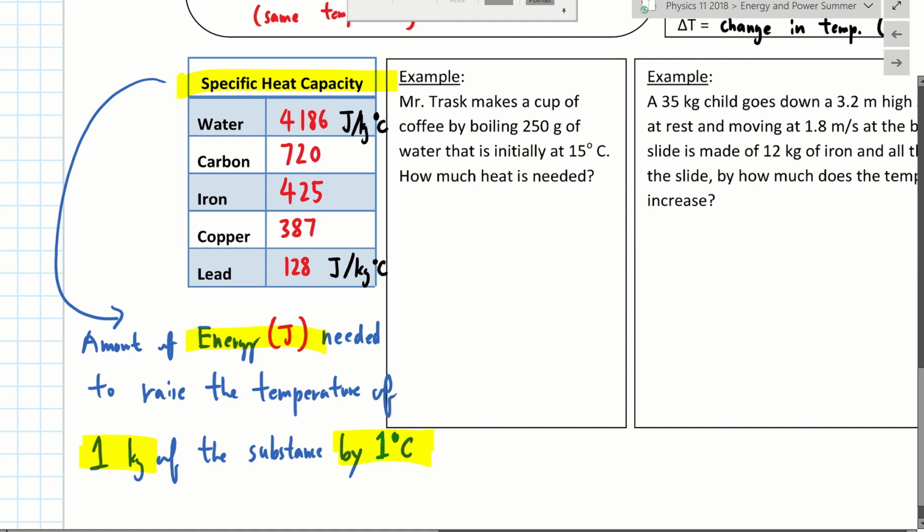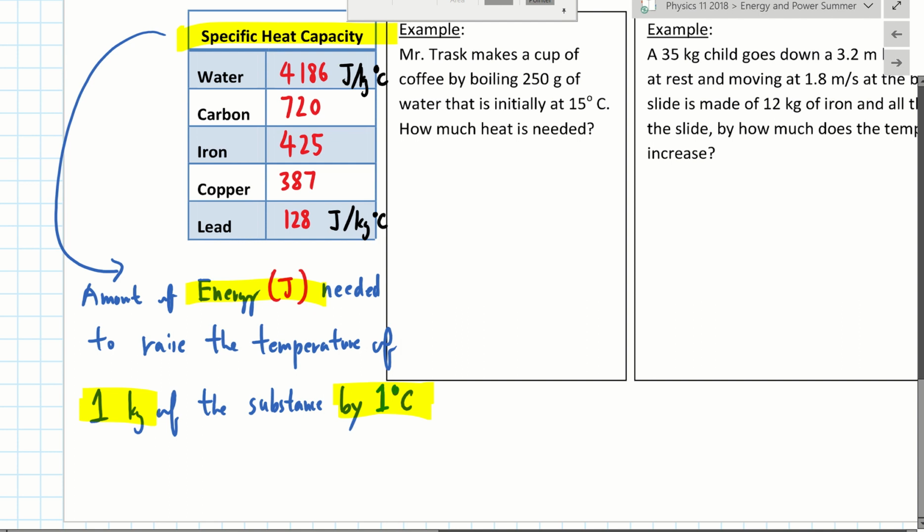So for example, if you look at the number for iron, 425, what does that mean? Let's say you have some iron, like an iron block.